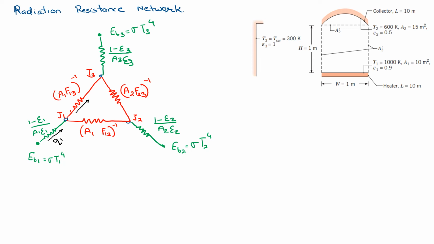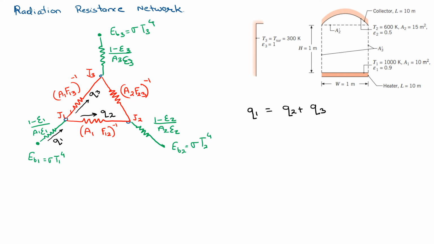This current will be distributed into two branches, say this is Q3 and this is Q2. So the current moving from 1 is distributed into two parts, Q2 and Q3.